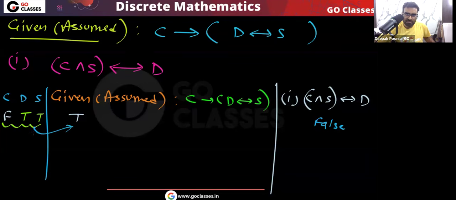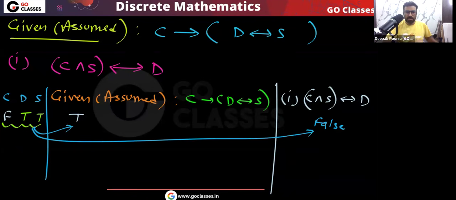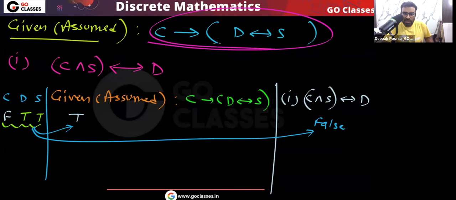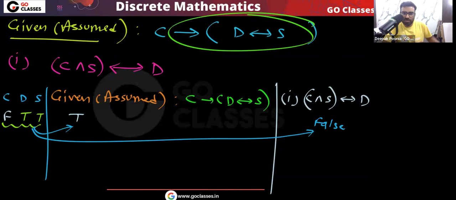Is this clear? Let me know. I hope you understood. So finally, I can say that from this, I cannot infer this. If this is true, then we cannot say that this will be true.